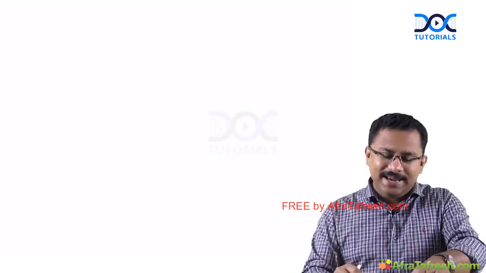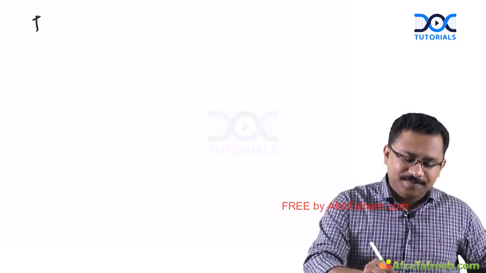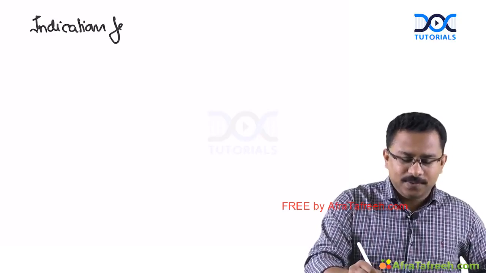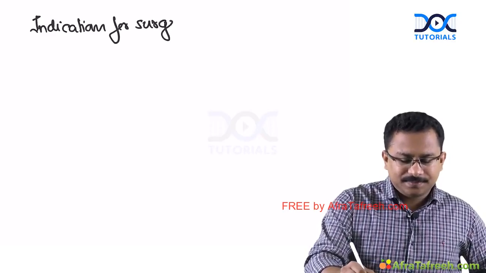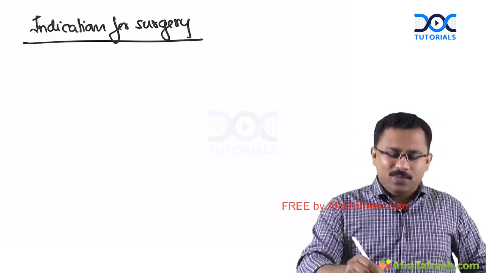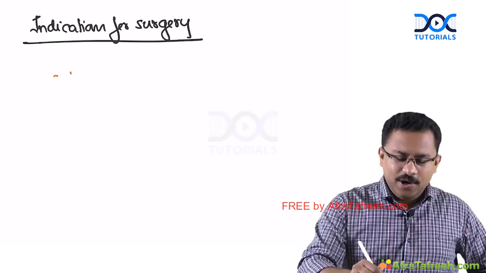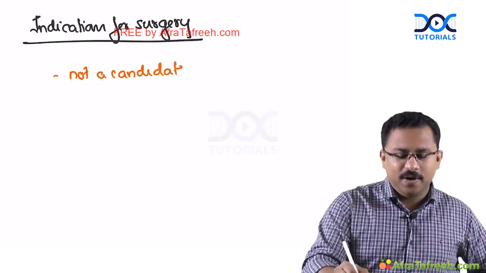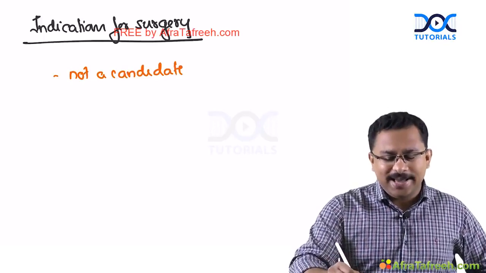Then what are the indications for surgery? The indications of a mitral valve surgery: one is if the patient is not a candidate for a PMBC, because we have seen the indications for a PMBV or a PMBC.